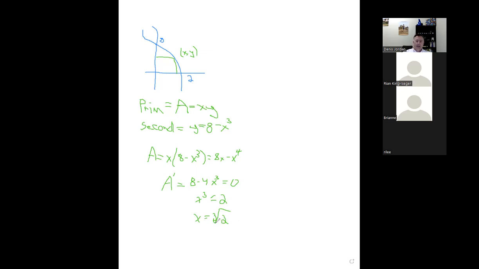So you need the base of it, which we have, but then they also want the height. So then you go to the equation for y.